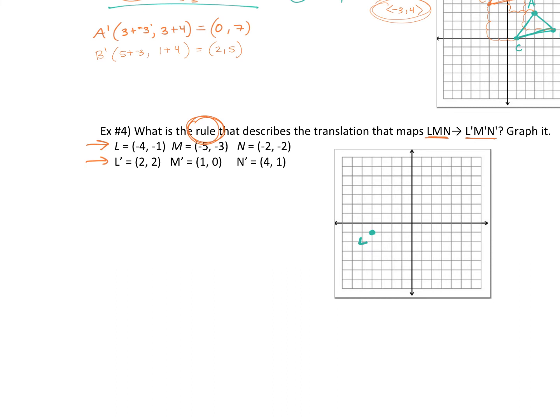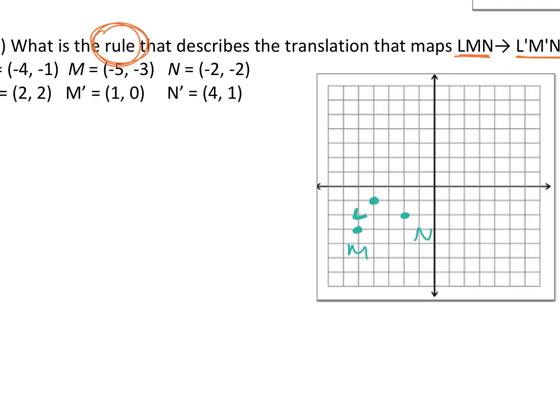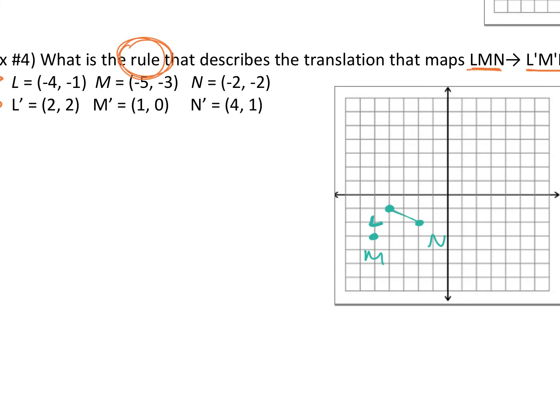M is at negative 5, 1, 2, 3, 4, 5, negative 3, 1, 2, 3. So that's M. And then N is at negative 2, negative 2. So that's N. So here's our first triangle. Probably should have put my L over here.